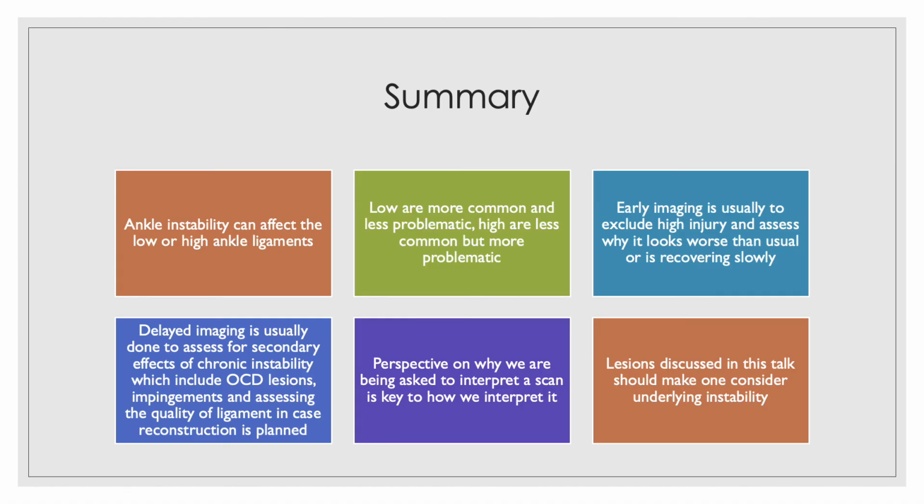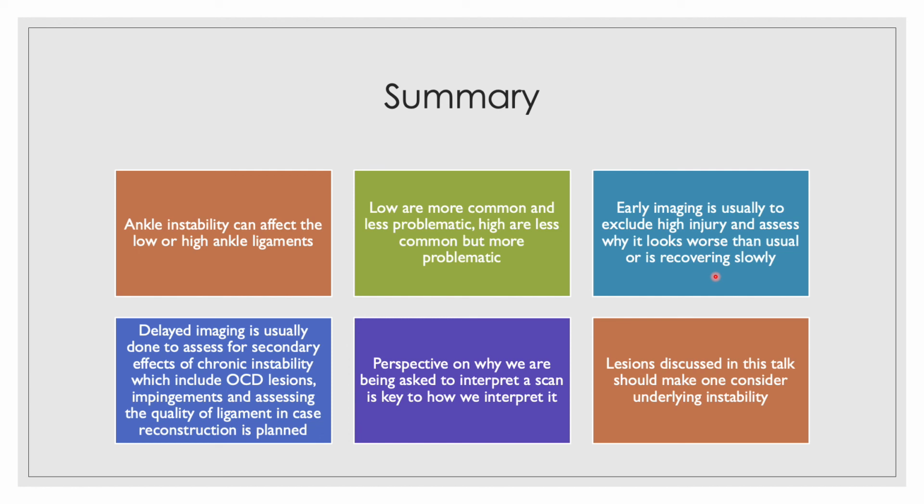So when we're looking at patients with ankle instability, we remember that ankle instability can affect the high or low ankle ligaments. The low are more common and less problematic. The high tend to be more problematic. Early imaging is usually done to exclude the presence of a high ankle injury and assess why the ankle looks worse than one would expect for a normal low ankle injury.